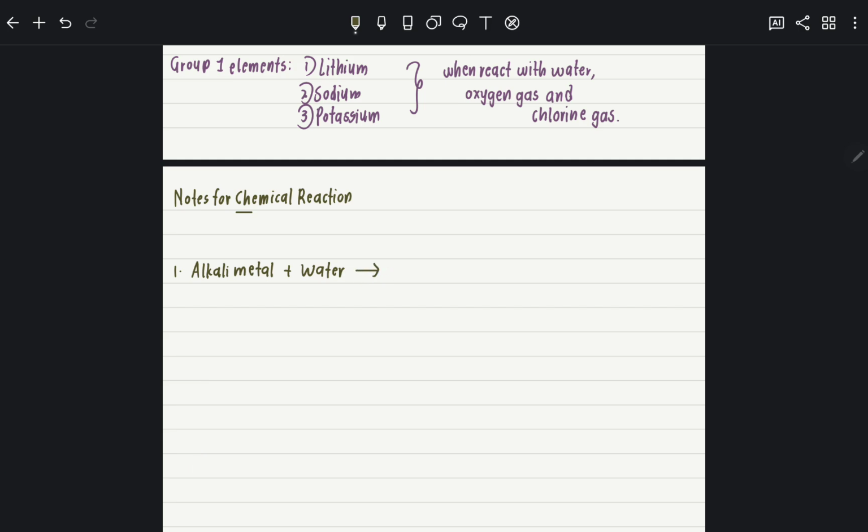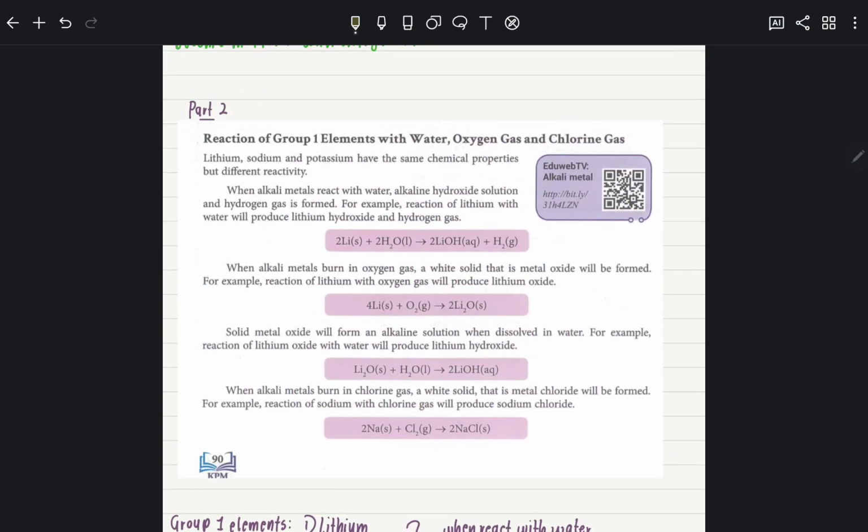That is what is written in this page. When alkali metal reacts with water, alkaline hydroxide solution and hydrogen gas are formed. For example, the reaction between lithium and water will produce lithium hydroxide and also hydrogen gas.